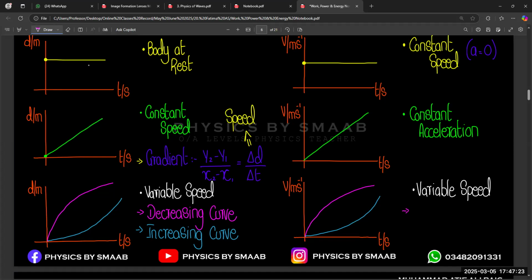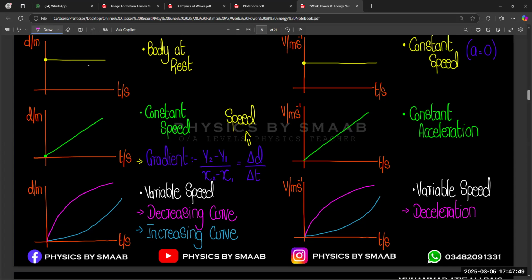Basically, the purple one is decreasing, so it is called deceleration, like negative acceleration. It is decreasing, and decreasing acceleration takes place when the speed with respect to time decreases.